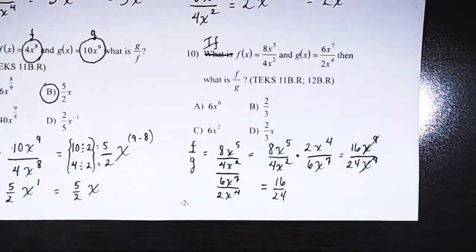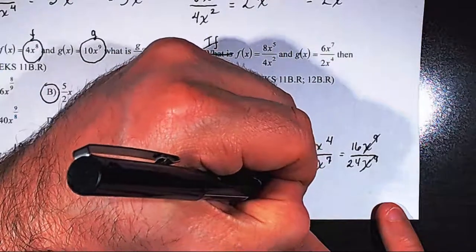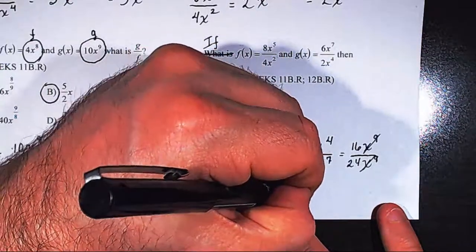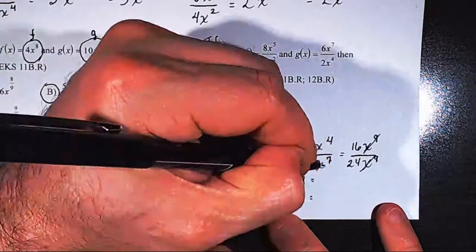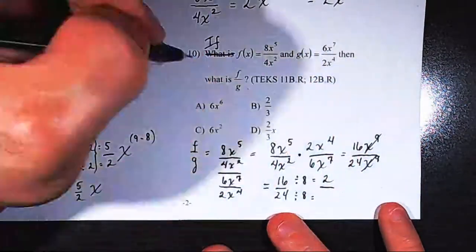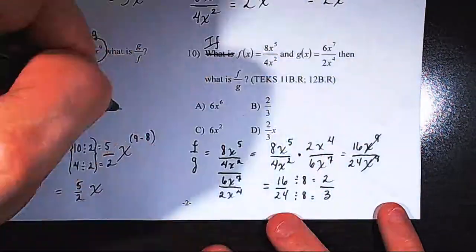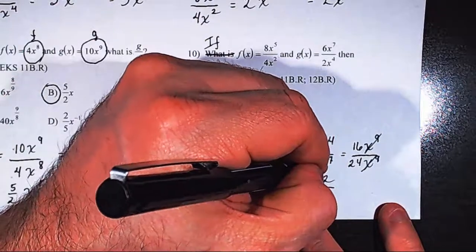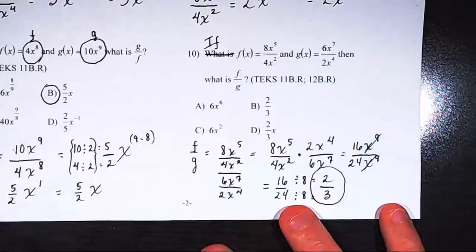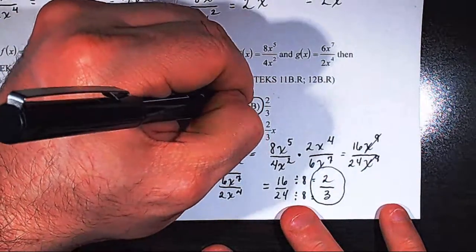Now we have to simplify this fraction, finding a greatest common factor, which in this case is 8. So we'll divide both the top and the bottom by 8. 16 divided by 8 is 2, and 24 divided by 8 is 3. So this entire problem reduces down to 2/3, and that is answer choice B.